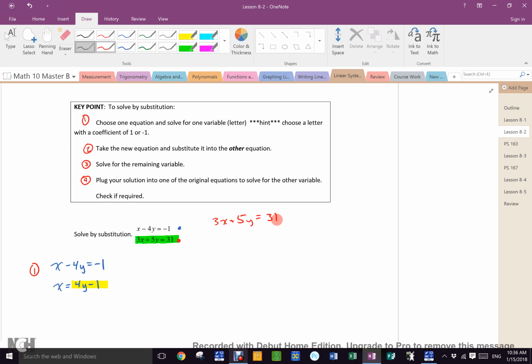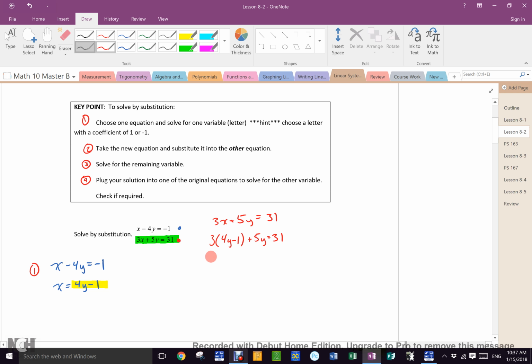So if I rewrite this as 3, what can I write instead of x? 3 times 4y minus 1 plus 5y equals 31. Now how many variables do I have? 1. Can I solve it? Yeah. So how do I solve that? What do I got to do to the brackets first?